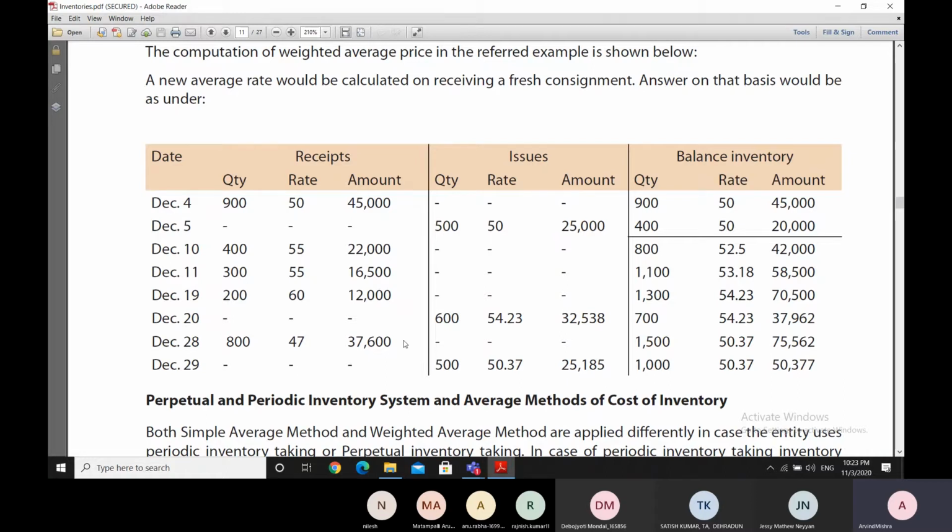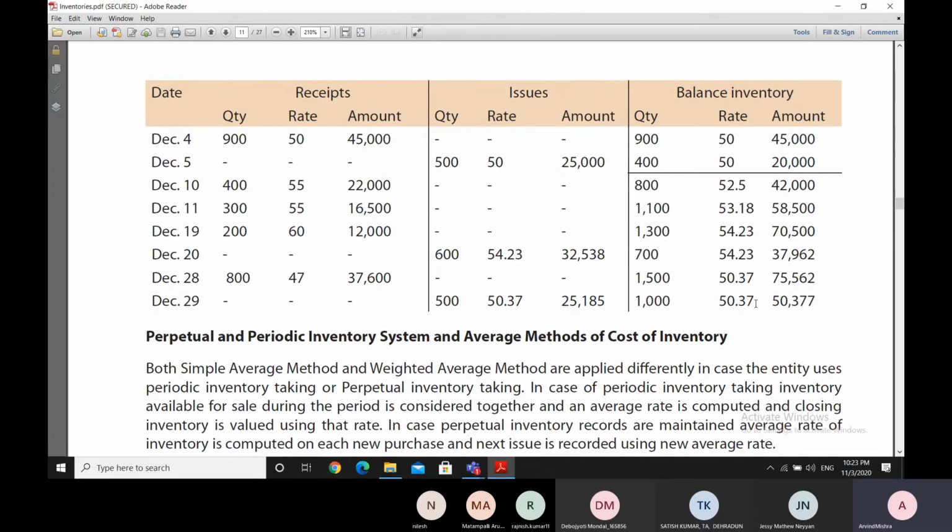So as we keep on getting the receipts, we are going on calculating the weighted average, and finally on December 23, we have issued 500 items at this rate of 50.37, and we are left with this 1,000 items at the rate of 50.37. And since we are left with this 50.37, the valuation of the inventory that we are having with us is 50,377.